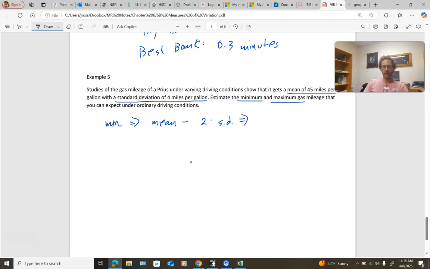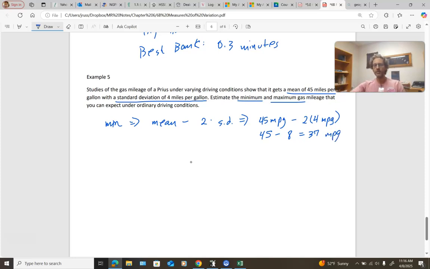The mean, they tell us, is 45 miles per gallon minus 2 times the standard deviation, which is 4 miles per gallon. If we do this math, ignoring the units for a minute, we get 45 minus 8, which is 37 miles per gallon.